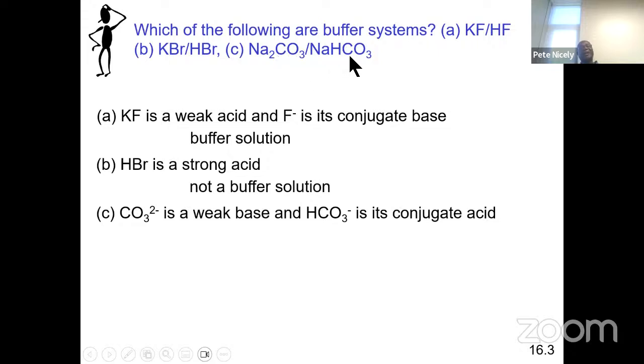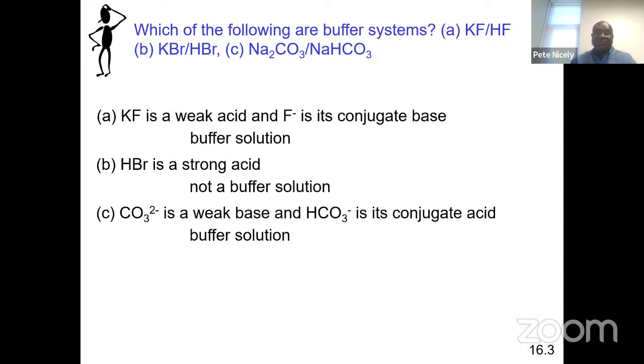I'm sorry, the bicarbonate would be a weak acid, and the carbonate would be the conjugate base of that weak acid. Therefore, this is a buffer solution. You could also look at it the other way, as shown in this sentence: the carbonate ion being a weak base, and the bicarbonate being the conjugate acid of that base. The result will still be the same.